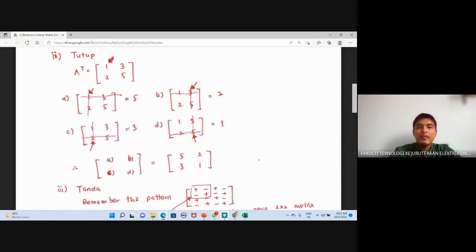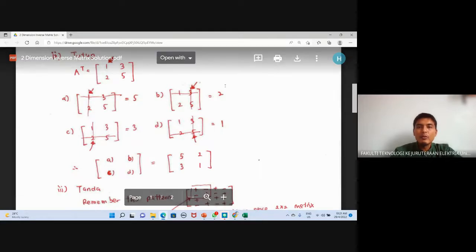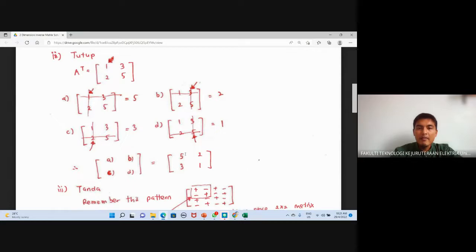The number left is 3. And finally, we close the last number, 5. We cross out all the numbers vertical and horizontal to the number 5, and the number left is 1. So now you can see 5, 2, 3, 1. You just put it in this place: 5, 2, 3, 1. Done. Second step, tutup.